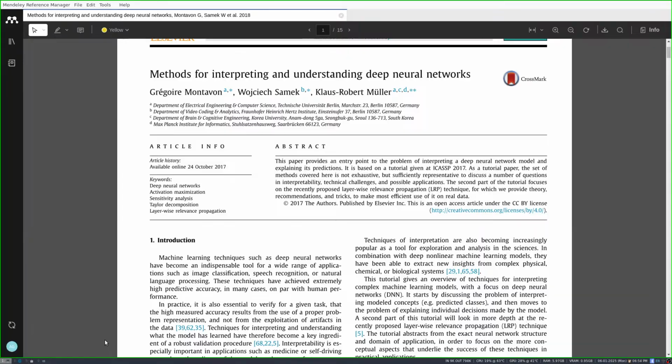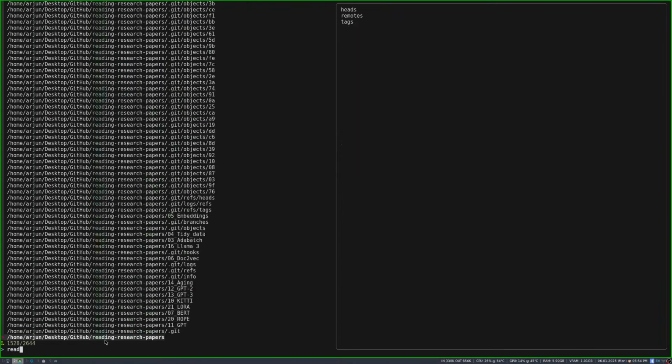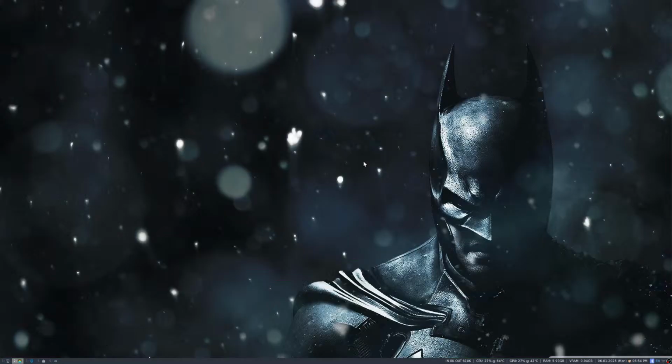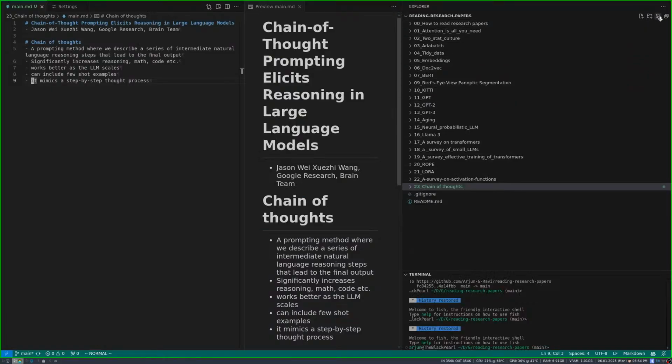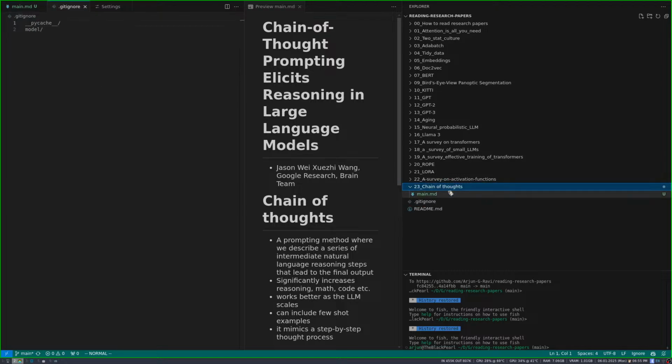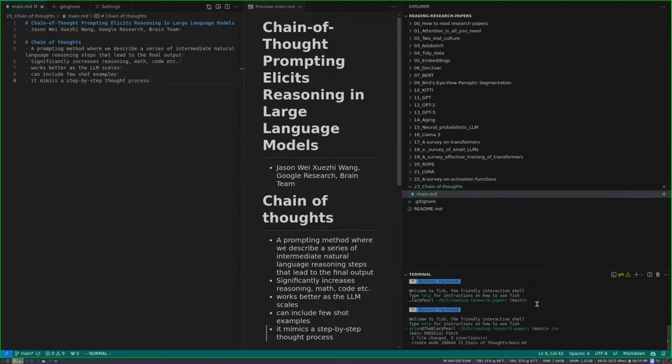Wait, now before everything else, reading research papers, and we'll copy. Yeah, I'll copy the whole thing. I push this. And I'm gonna push that.